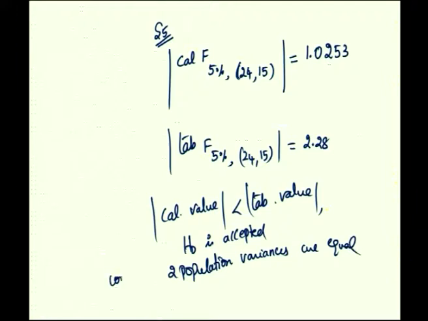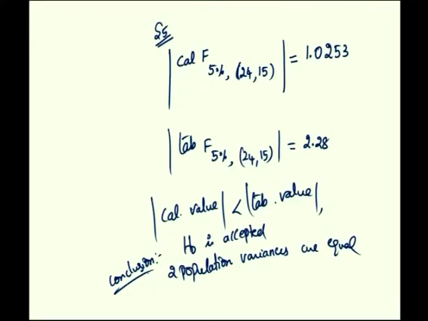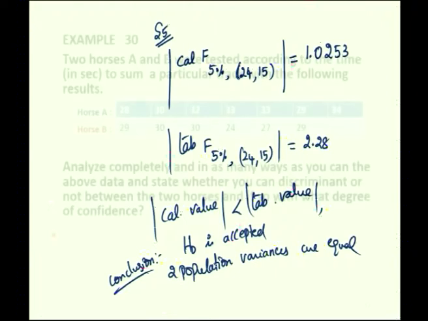This is our conclusion. You have been asked to test the hypothesis that the variances of the populations are equal, and the answer to this question is yes, the variances of the populations are equal.